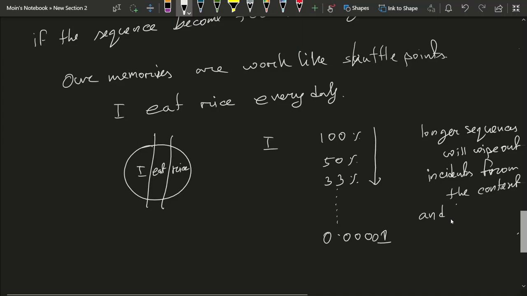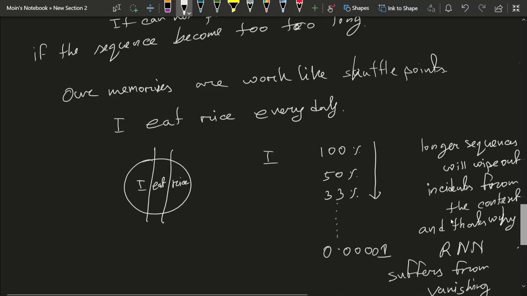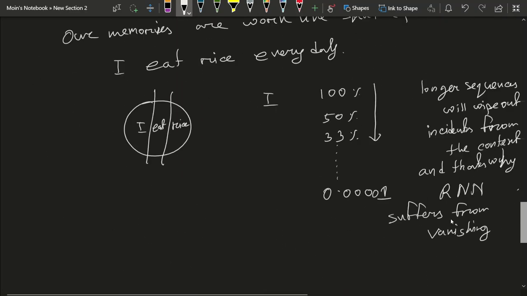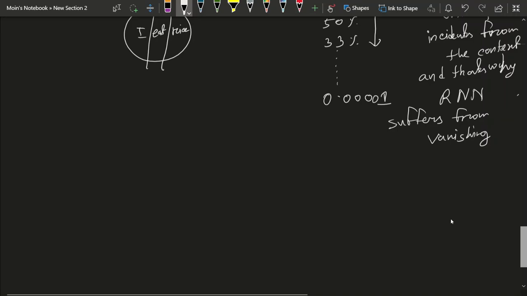And that's why RNN suffers from the vanishing gradient problem.